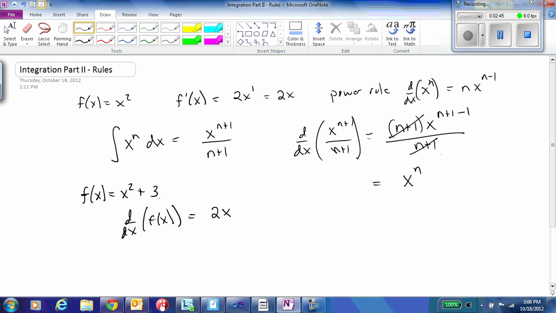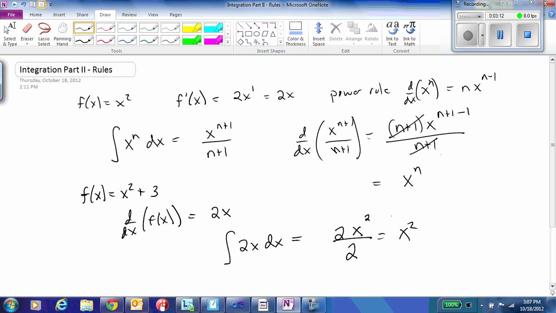Derivative of a constant is 0, so we would not represent that. Now, if we were to integrate this thing back and get the integral of 2x dx, using the power rule for the integral, we would raise the power by 1. First, we would raise the power, so we'd have the 2, raise the power by 1, so that would be x to the 1 plus 1, or 2, and divide by the new power, which was 2. And so this would end up being x squared.